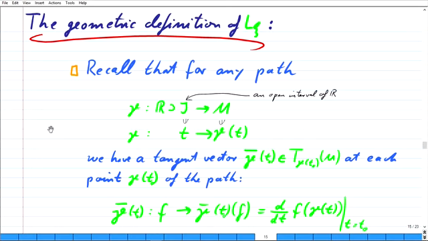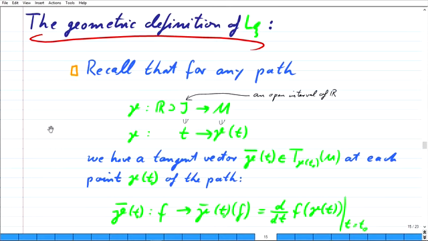This is a path. We assume it, of course, to be smooth. And then every such path defines a tangent vector at a point. So we choose a point in time t0 that will give us a position on the manifold gamma of t0. And our path then defines a tangent vector at that point gamma of t0. And remember that was an equivalence class of paths. We put a bar over it.